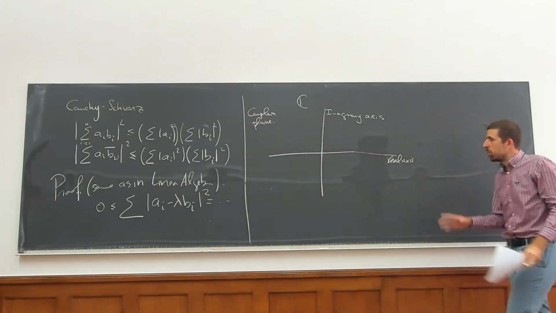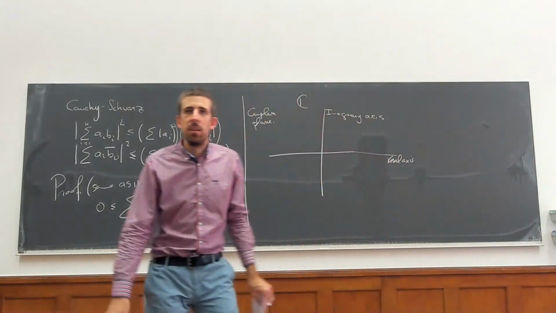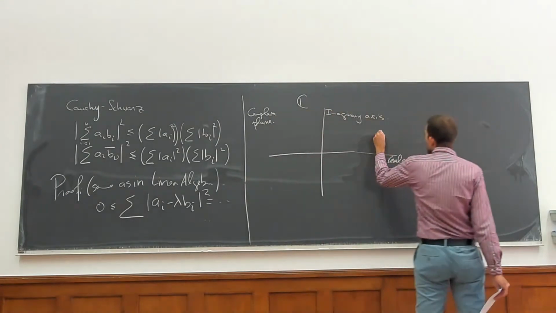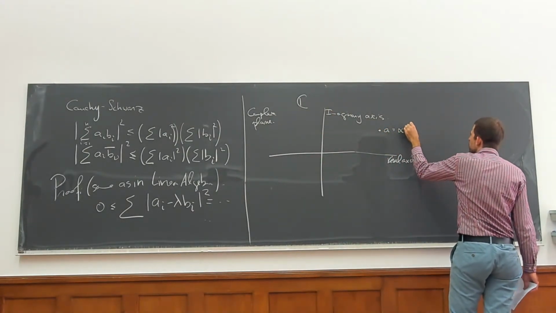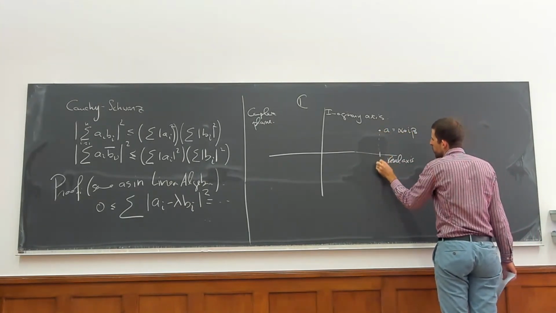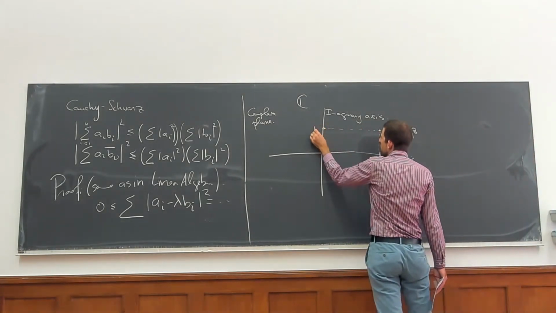It's very useful to think of a complex number as just a point in this plane, and this is a very useful picture to draw many, many times. If I have a complex number A equal to alpha plus i beta, I draw it in a place where the real part is alpha and the imaginary part is beta.